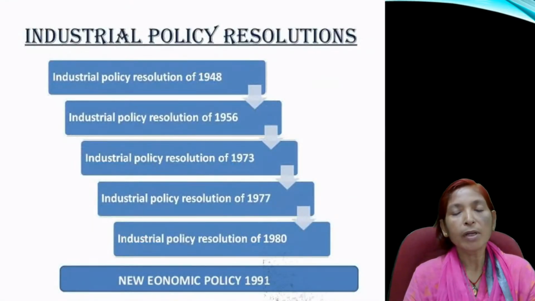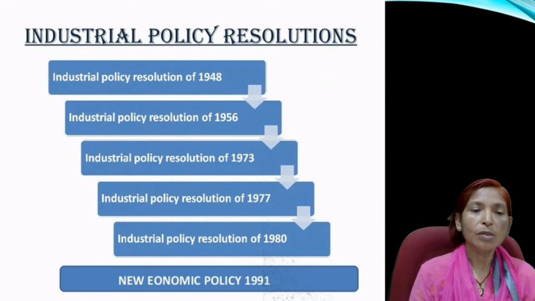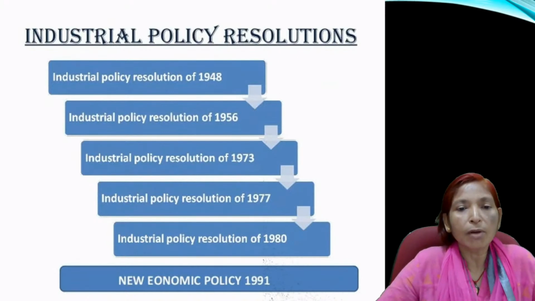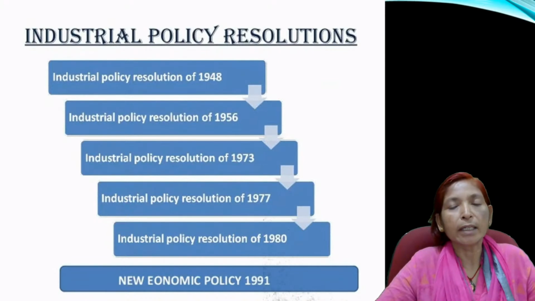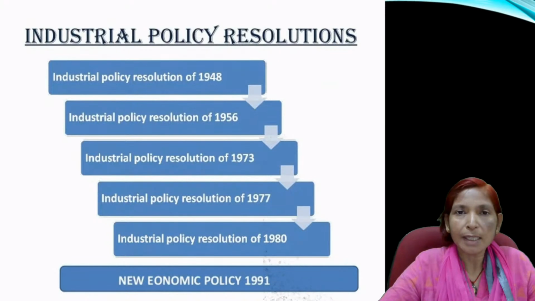Next is industrial policy resolution. These are the different time periods in which industrial policy resolutions have been passed. One is the industrial policy resolution of 1948. Next is the industrial policy resolution of 1956. Next is the industrial policy resolution of 1973. Industrial policy resolution of 1977.